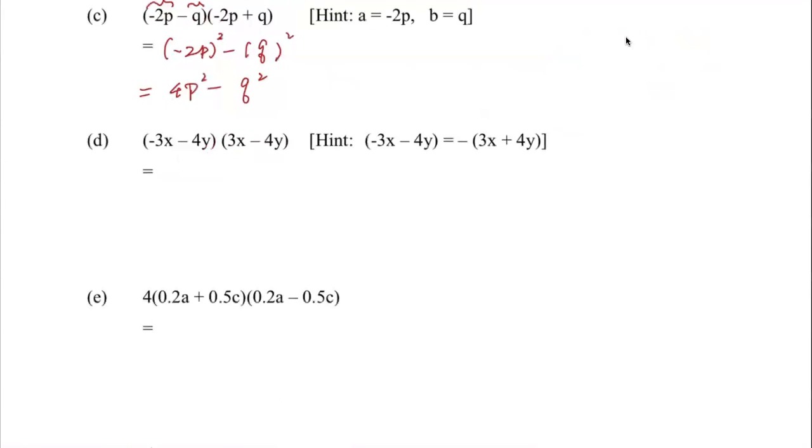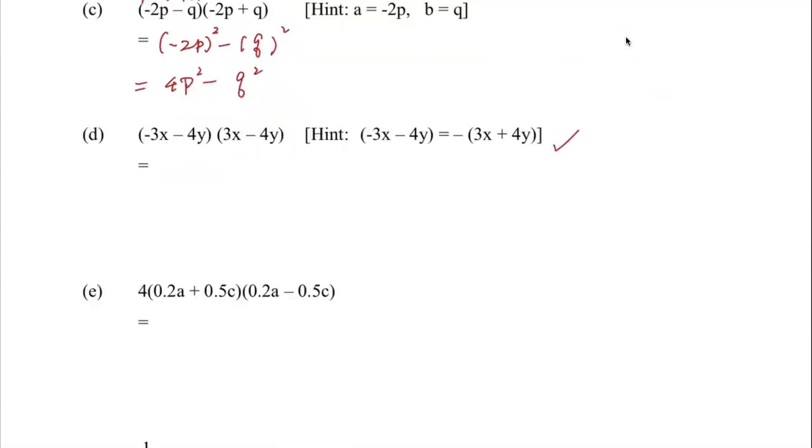And D, minus 3x minus 4y times 3x minus 4y. We're given a hint here. It says minus 3x minus 4y is equal to minus brackets 3x plus 4y. So minus 3x minus 4y is equal to minus 3x plus 4y, in brackets, times 3x minus 4y.